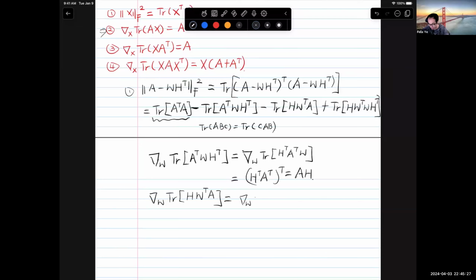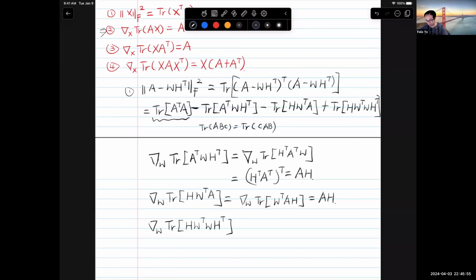This is the trace of W transpose AH. This is equal to AH, which is the same. The third term, the trace of HW transpose WH transpose. So this is the quadratic term.